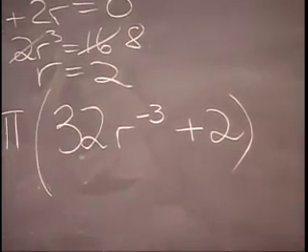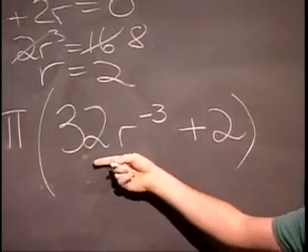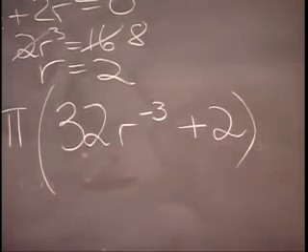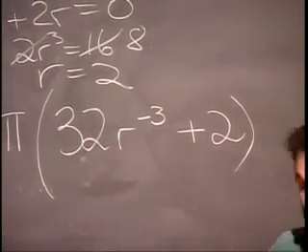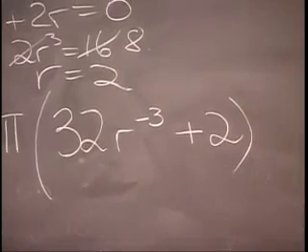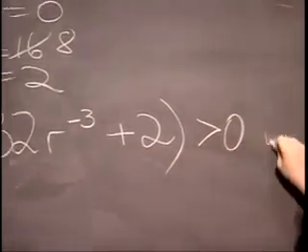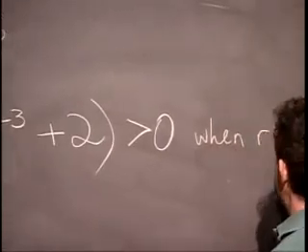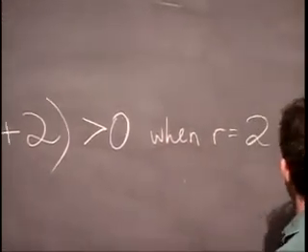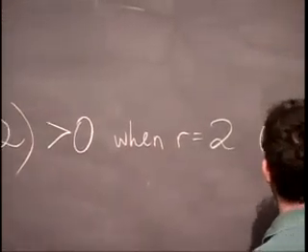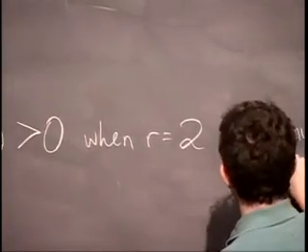And actually, this term's always positive when r is positive. I didn't summarize what the domain is, but r can be any positive number. That's what I was trying to say before. This, of course, is positive. So this is greater than 0 when r equals 2, or any number greater than 0.